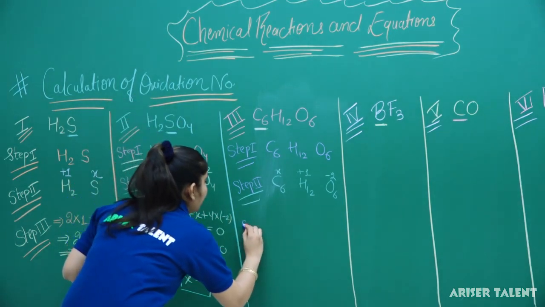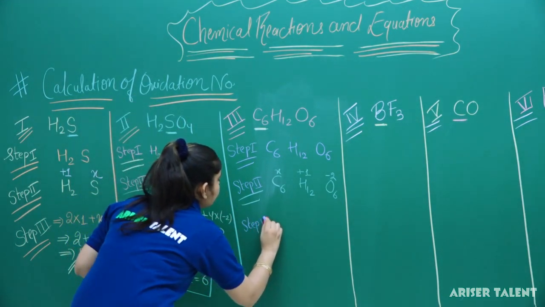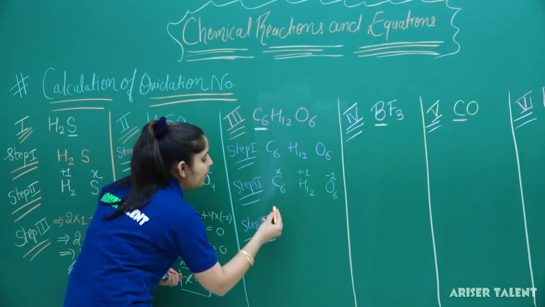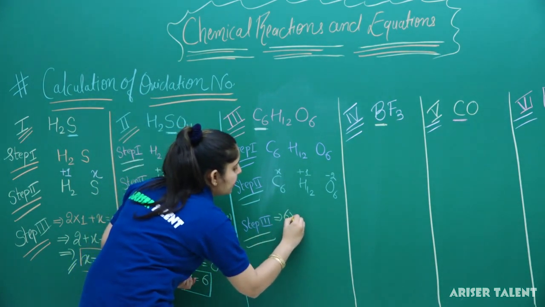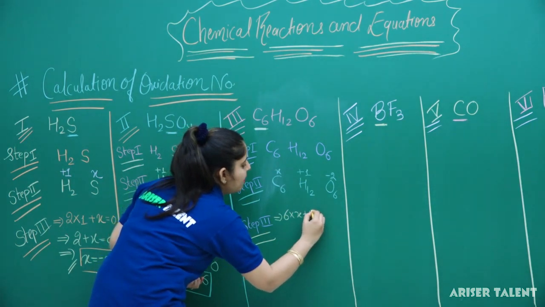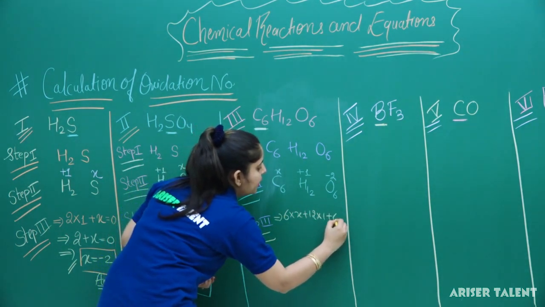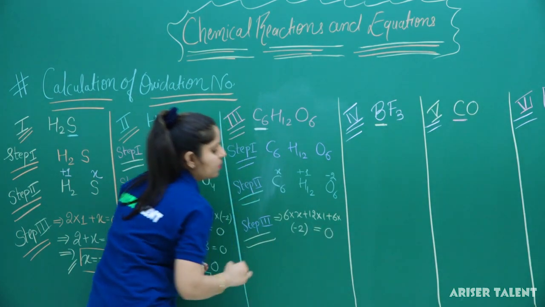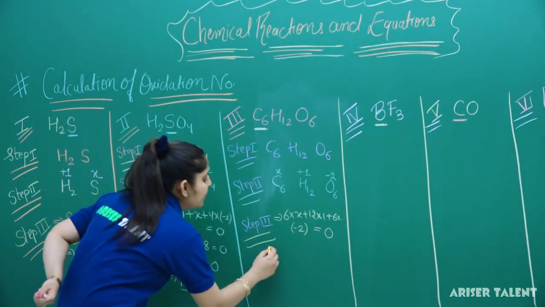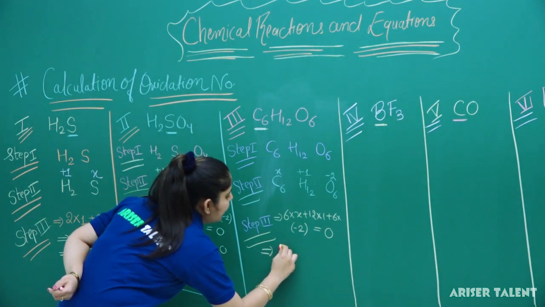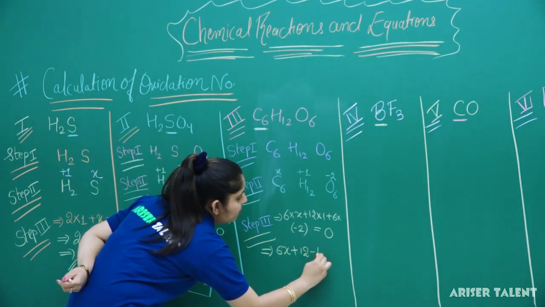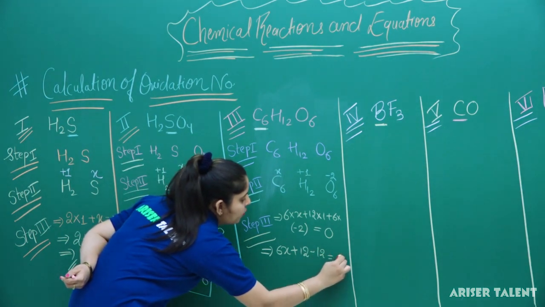Now, in our step number 3, we are going to solve this equation, and what we will get here, 6 into X plus 12 into 1 plus 6 into -2 will be equal to 0. So on solving this equation, we get 6x plus 12 minus 12 equal to 0.